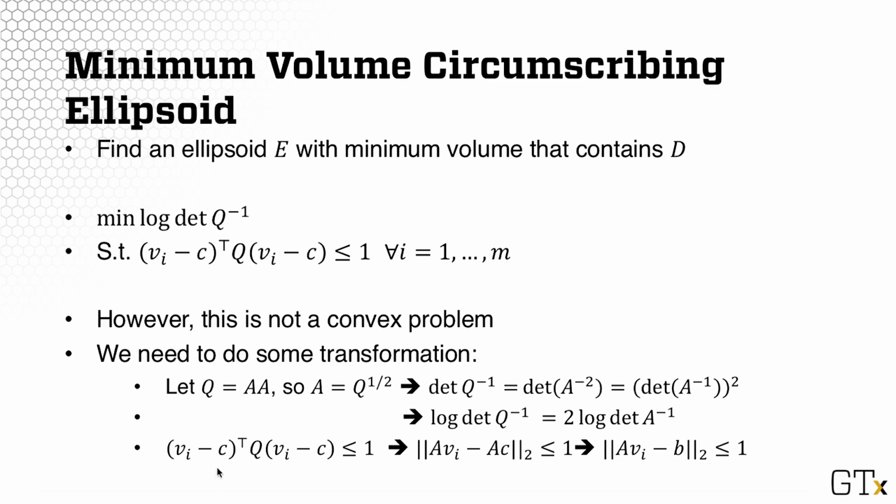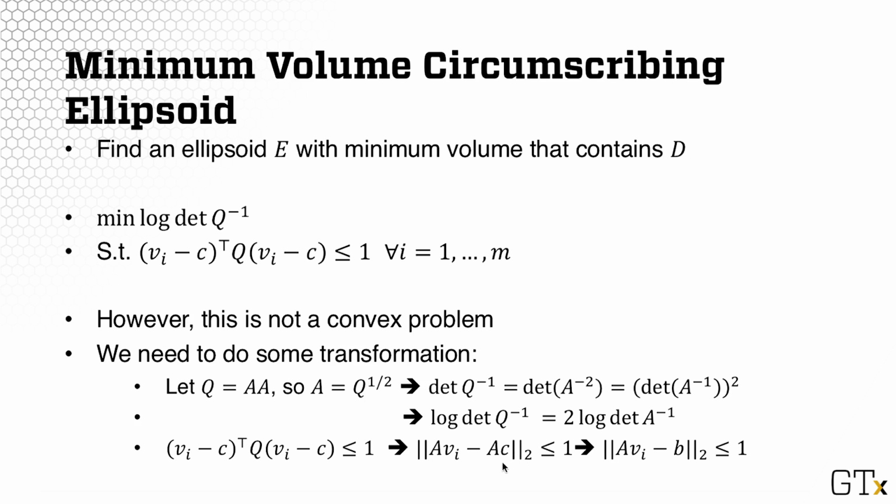What about the constraint? The original constraint here is non-convex. But because I have written Q as A times A, then I'm going to have (Vi minus C) transpose A times (Vi minus C). Because A is symmetric, replacing Q with AA, this whole thing is the same as the Euclidean norm of A times (Vi minus C), squared, right?